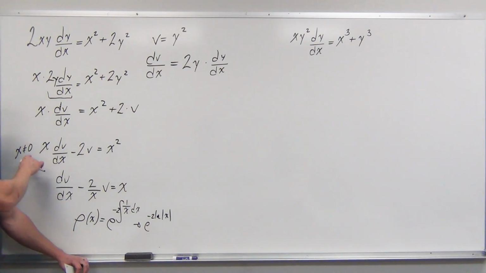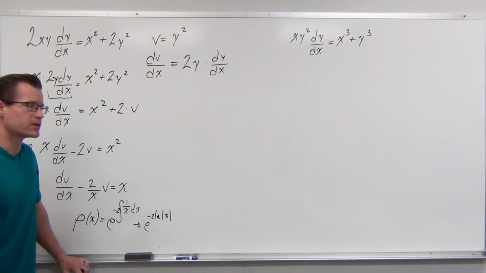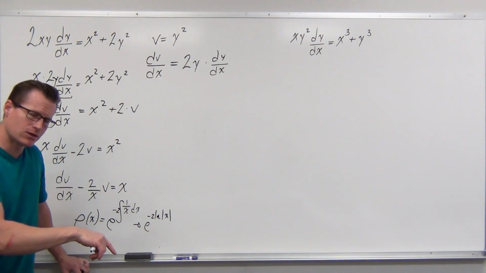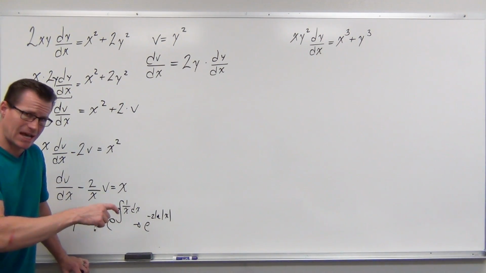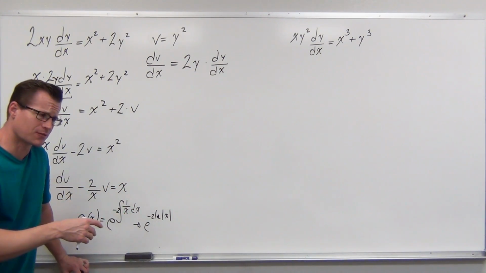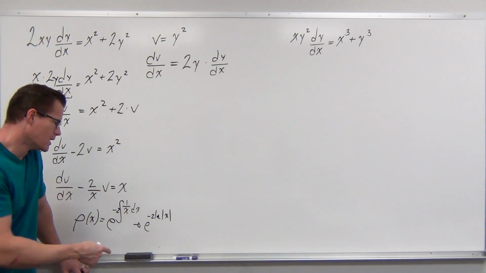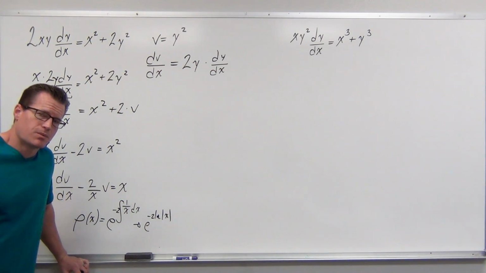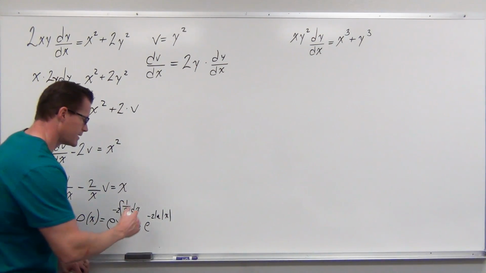Could I have made this greater than 0 and not had to deal with the absolute value? I could have, but we're going to get a 1 over x later. And so I'm not going to do that because that absolute value needs to be inside of an ln. And so I'm going to put as few domain restrictions as possible. But we are going to notice that that absolute value is going to disappear because we have it to a power 2.